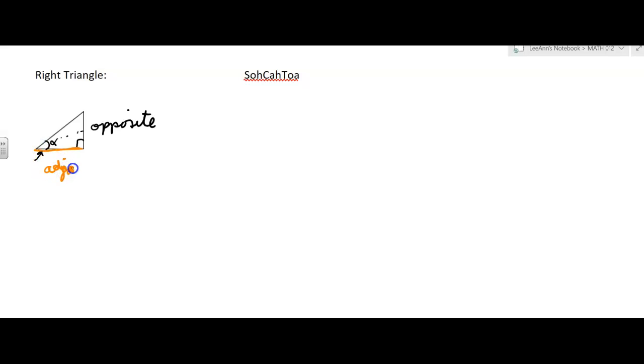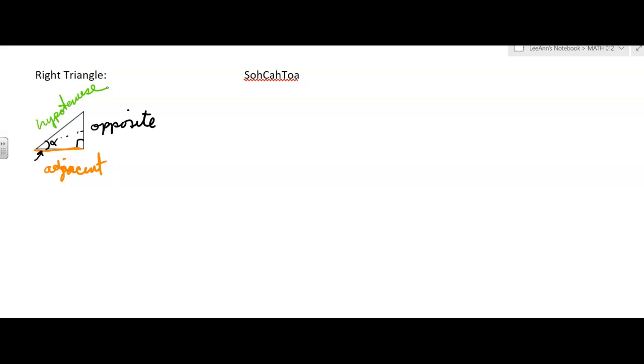And the hypotenuse is always the long side, the side across from the right angle. Then we talk about sine, cosine, and tangent in terms of the sides of the triangle. So it's called the right triangle approach to trigonometry. And you might ask, why did we learn about the unit circle? We need both, so that's just the way it is.